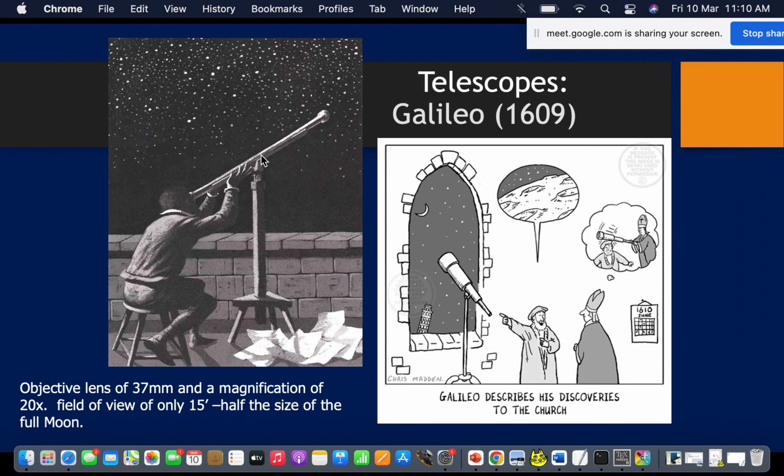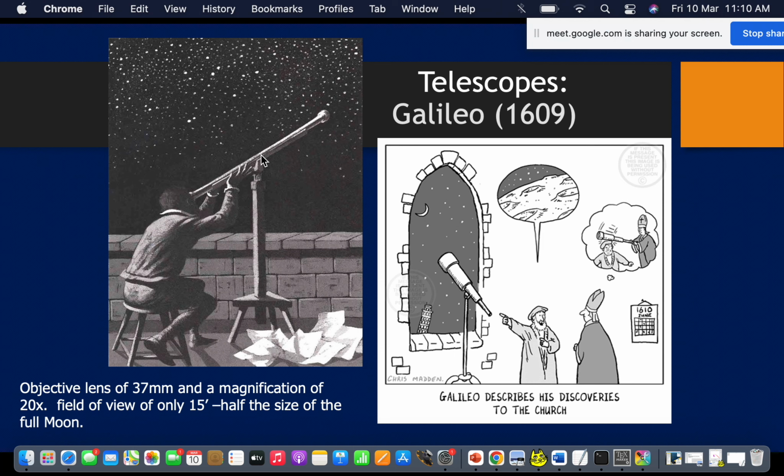Similarly, he also saw the satellites of Jupiter. And these were the times when people believed in the geocentric theory, where the Earth was the center of the universe. And suddenly you have all these objects going around Jupiter, which is yet another object. And therefore, this was good support for the heliocentric theory, which obviously the church did not like.